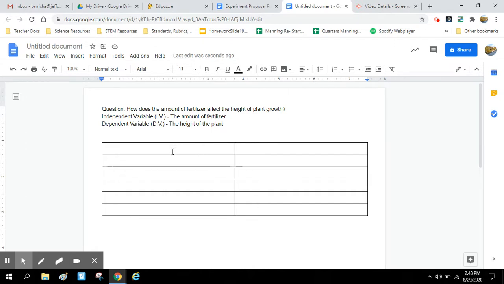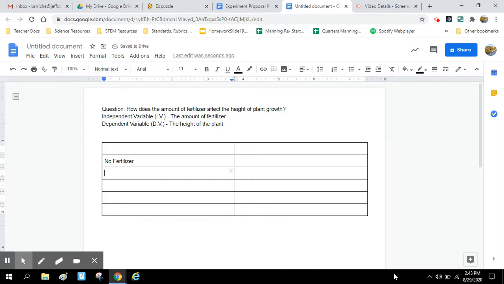So you would usually on the left-hand side enter in things related to the independent variable, in this case, different amounts. You saw in the video that there should be a control group that doesn't get any of the item that you're testing. So this one would get no fertilizer.